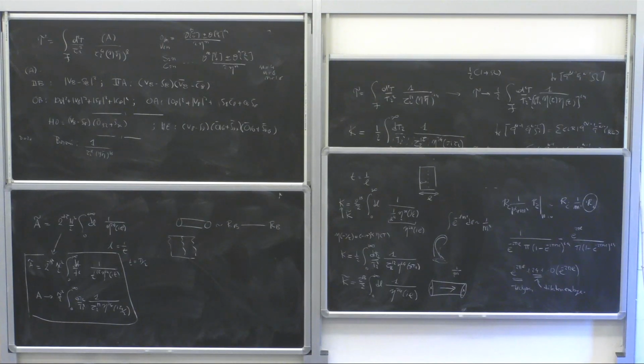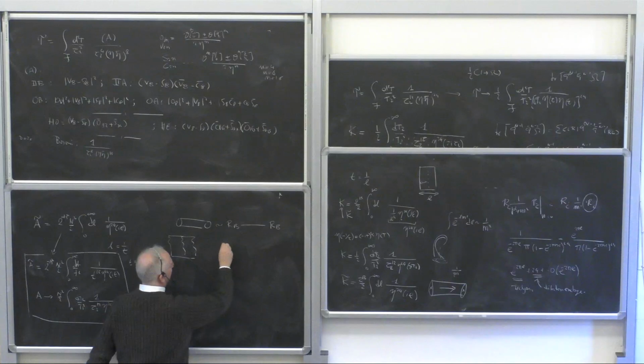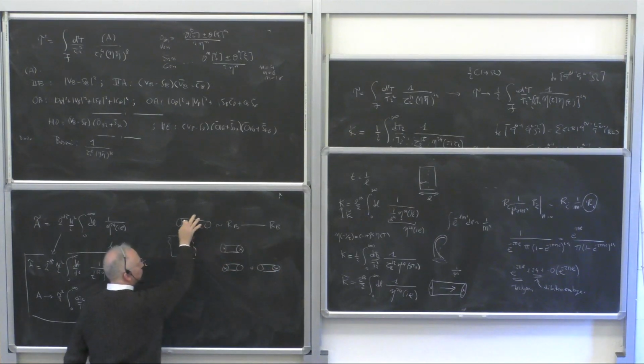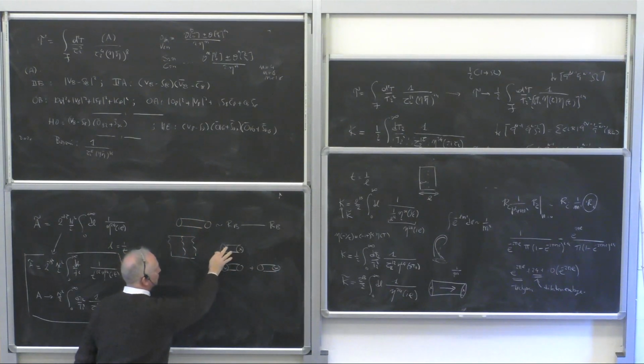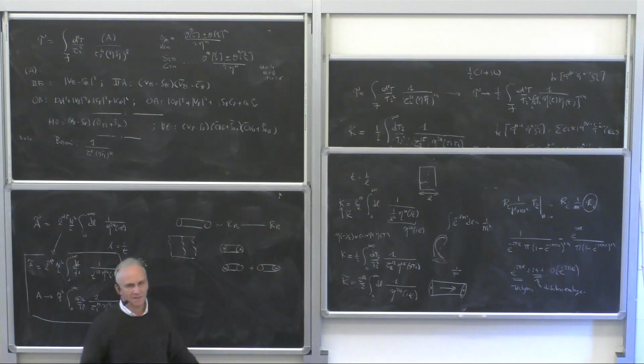So in other words, if I wrote an amplitude with boundary, and I wrote an amplitude with cross-cap, then there must be amplitudes of this type. So either I don't introduce this amplitude to begin with, or I don't introduce the other. But if I do introduce both, then there's also an amplitude like this.